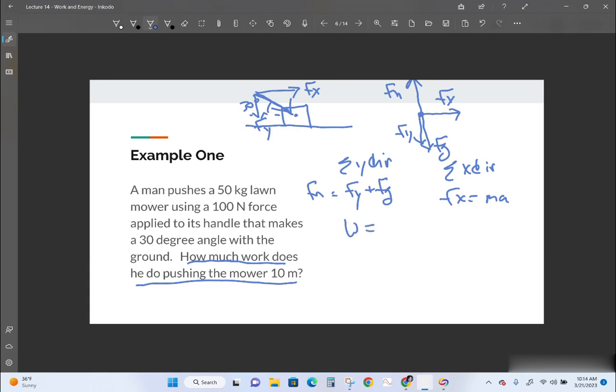So work is equal to F times d times cosine of theta. And in this case, the angle is 30 degrees. So he pushes with 100 newtons for 10 meters, and the angle between the 100 newtons and the 10 meters is 30 degrees.